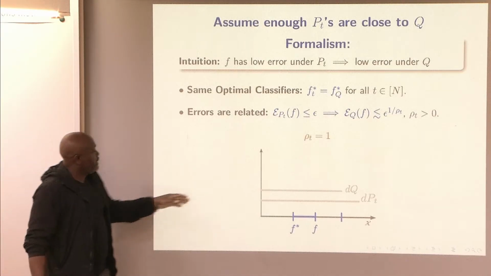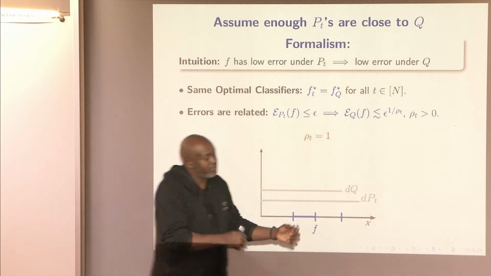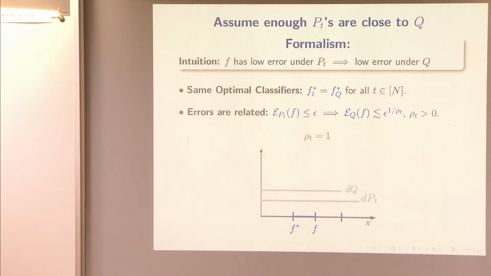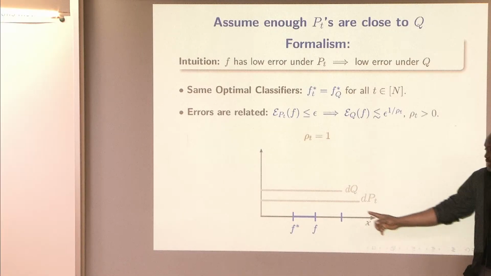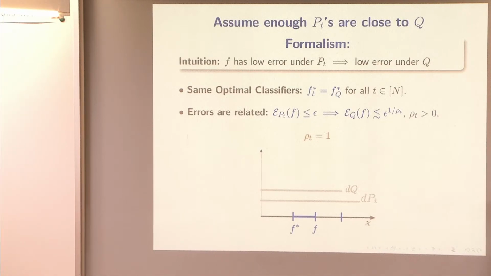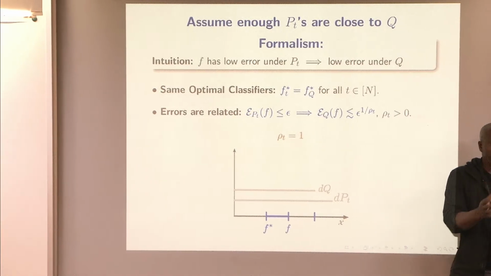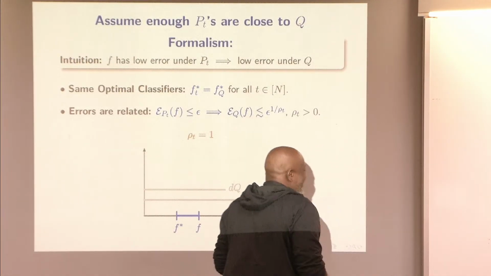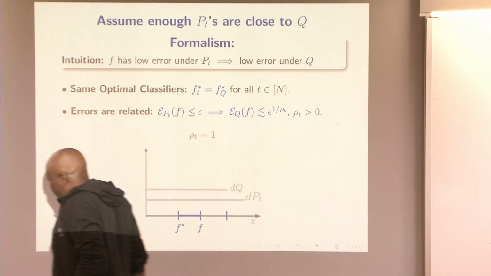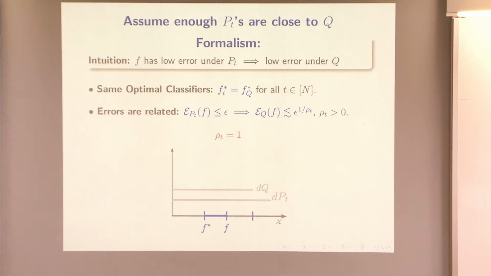Suppose the case rho is equal to 1, which is actually easy to see. Suppose that Q is uniform and X is just the line, and P is also uniform.